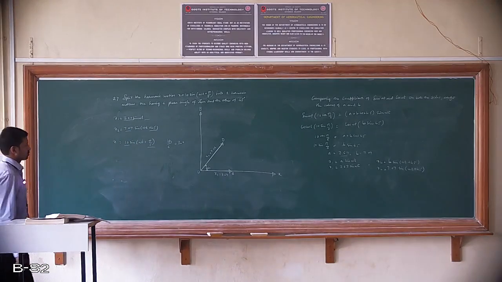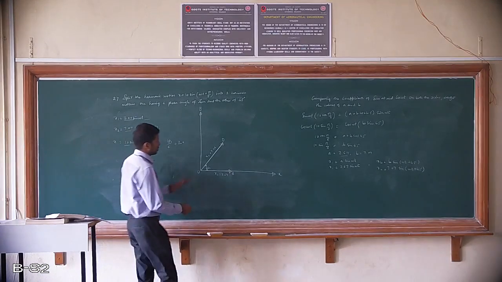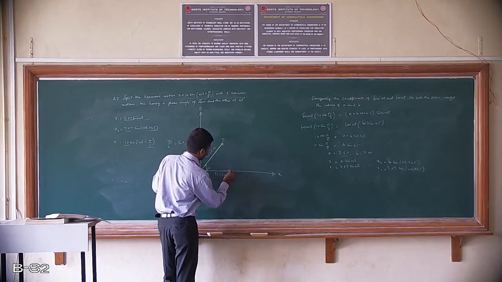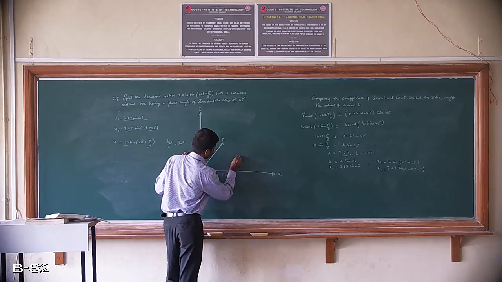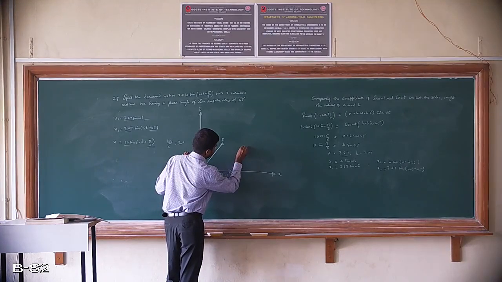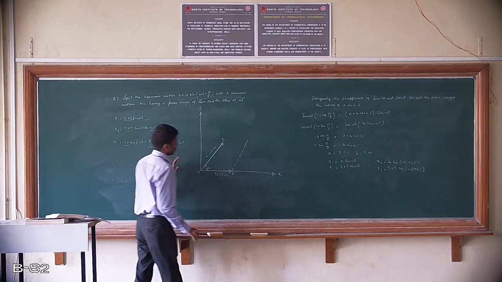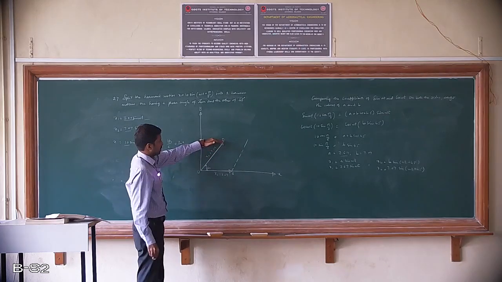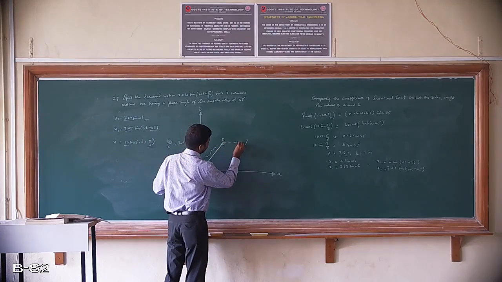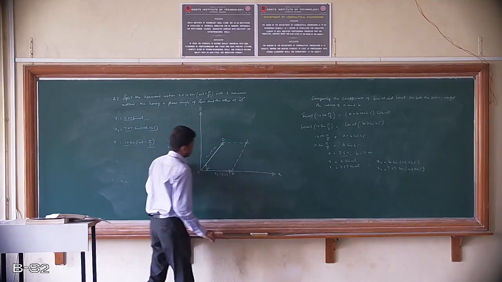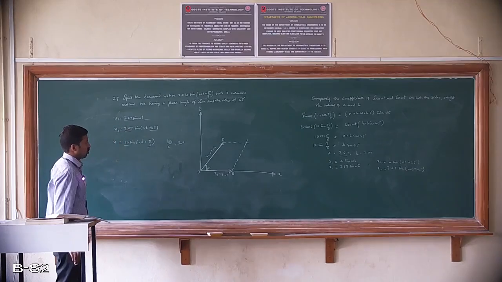Then what is the next procedure? From point B, draw a dotted line parallel to OD. So the line will be like this, parallel to OD, and also from point D, draw a line parallel to OB. I have drawn them.